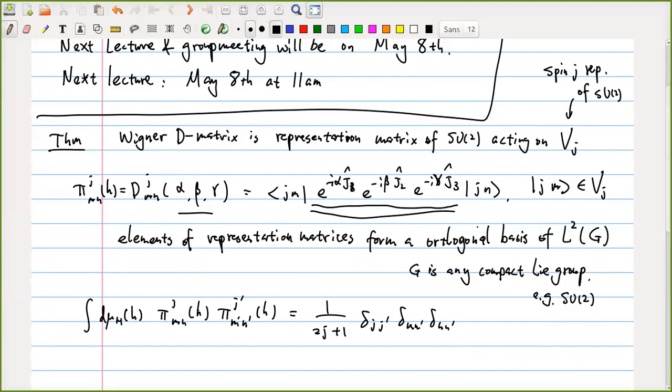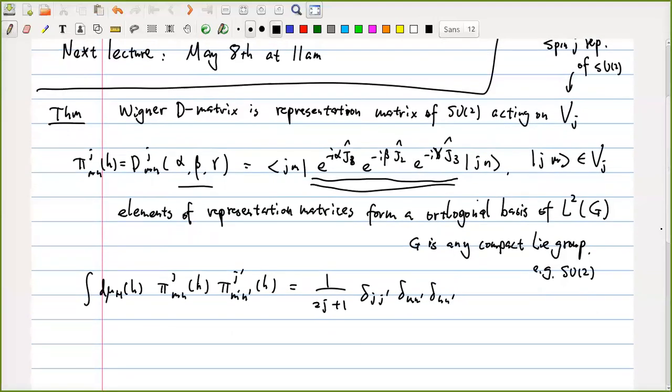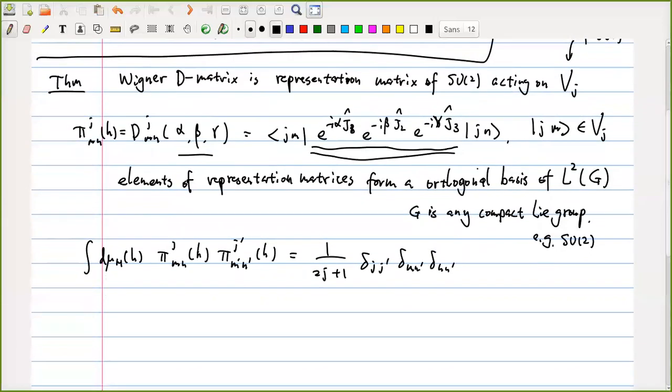So if you multiply this pi by square root of 2j plus 1, then you get an orthonormal basis. But the matrix element itself is not orthonormal, but orthogonal. Okay. So this is some result for the Wigner-D matrix.